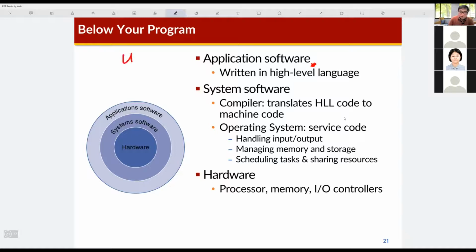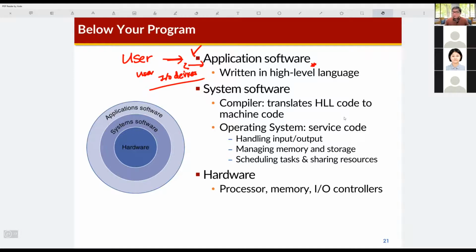A user uses this application software, and the application software interacts with the user through the I/O devices, right? When you use Office software, we use a keyboard or a mouse.